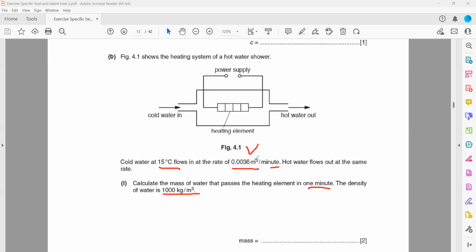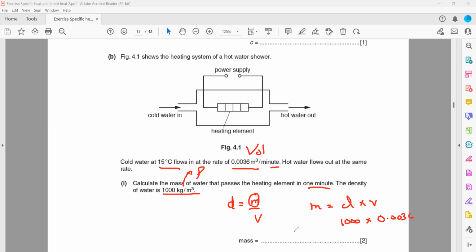So we have the density and we have the volume. How can we use the equation to find the mass? So density is mass over volume. If I need the mass, it is density times volume. Density is 1000 and the volume is 0.0036.